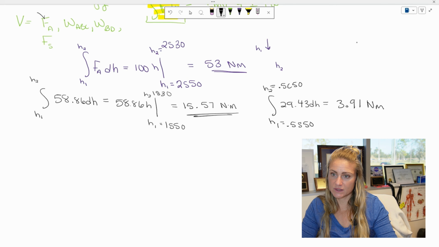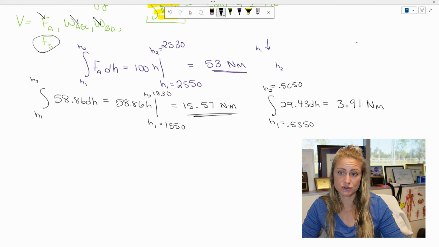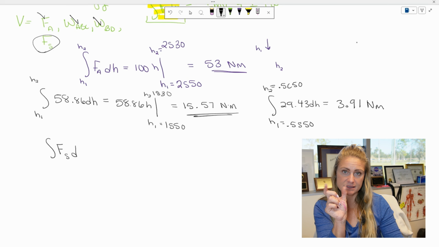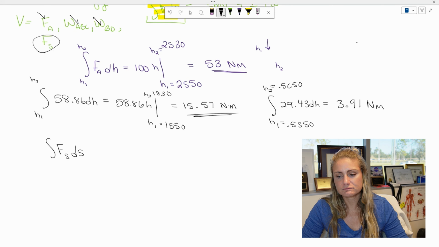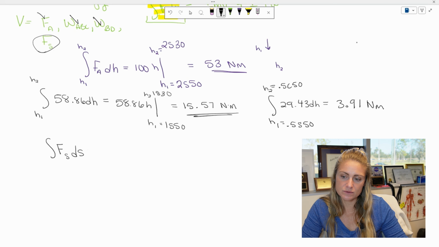Okay, so we are done with this one, and now we have left our potential energy due to a spring. So again, we have our equation. This time our displacement is a distance that we usually use S for, so I'll put S here, not a height, but it's just displacement. So this is going to equal KS ds from S1 to S2.